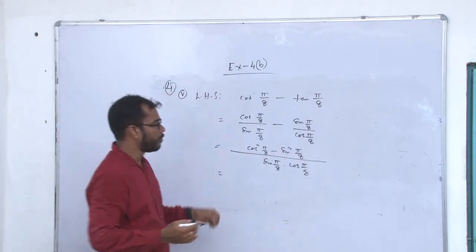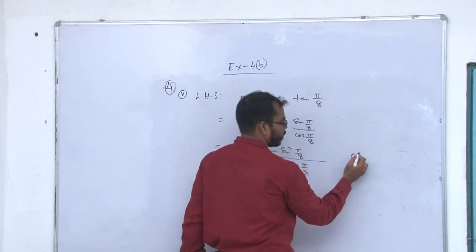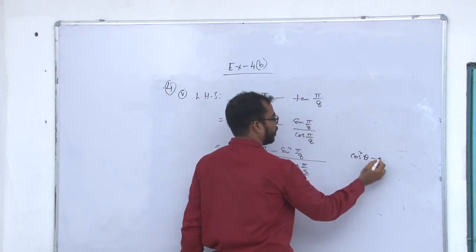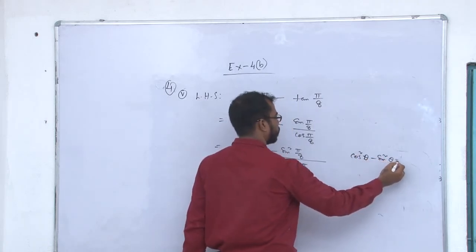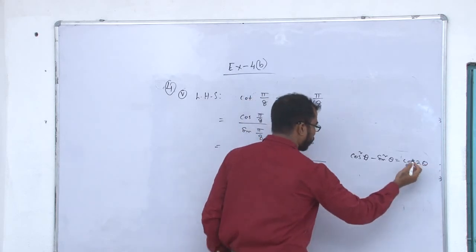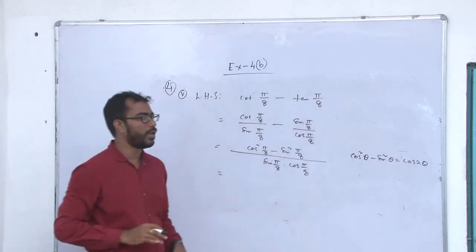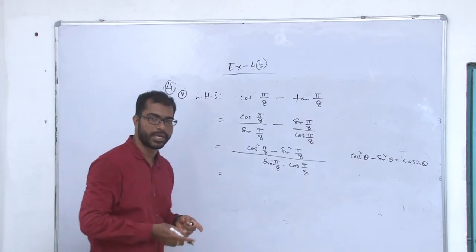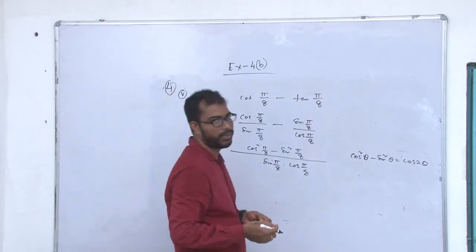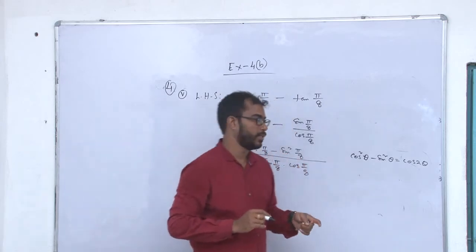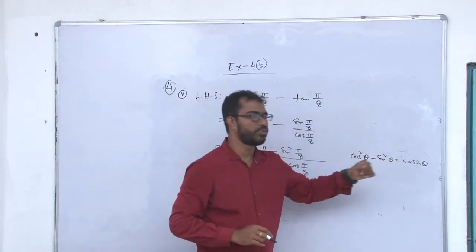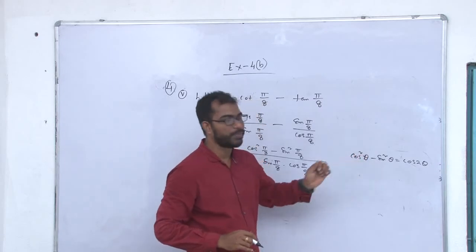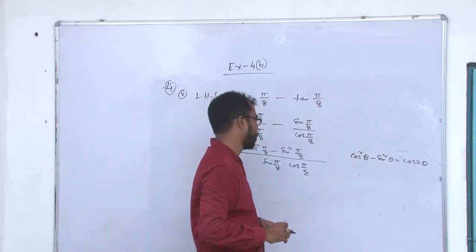As you know, the value of cos square theta minus sin square theta is equal to cos 2 theta, because cos 2 theta has 4 formulas. First is in terms of cosine, second is in terms of sine, and the last one is in terms of tan. So the first formula is cos square theta minus sin square theta.